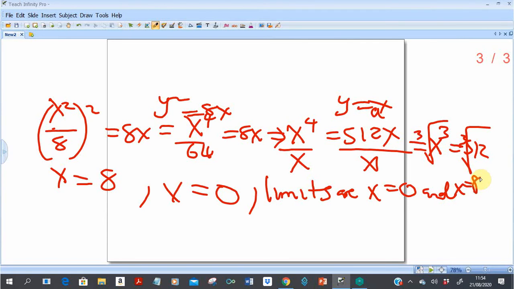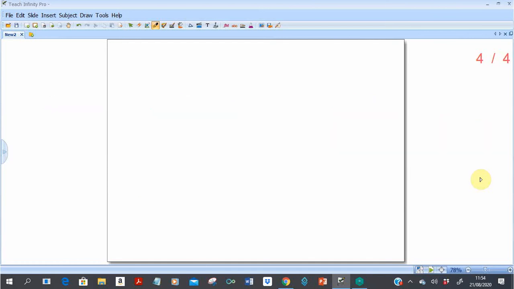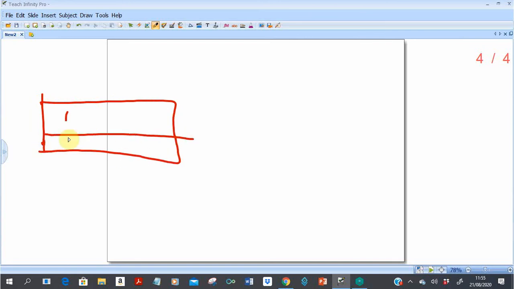Now that we have our limits, we just need to sketch and see what the graph looks like. To sketch, of course, we'll make our table. Remember, you have a 0. Maybe you want to find another point and see what happens at 8.